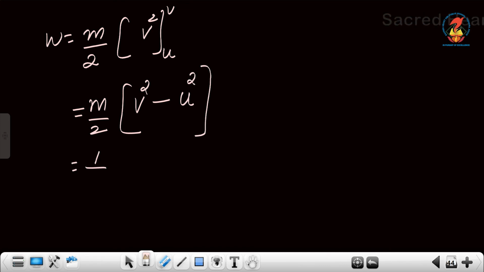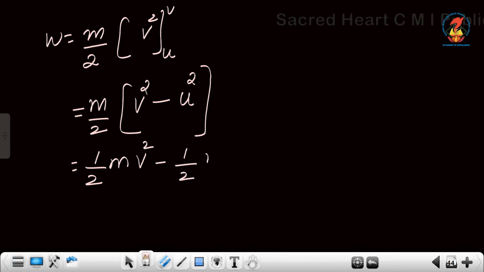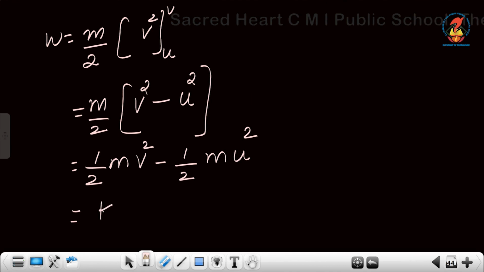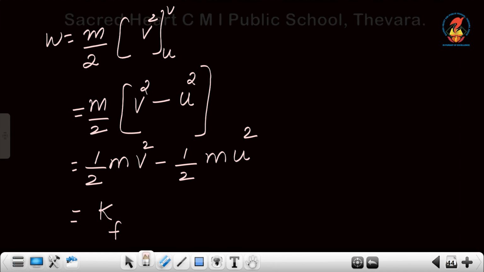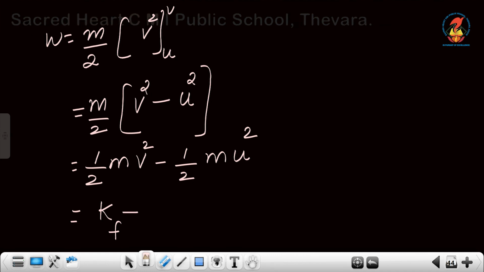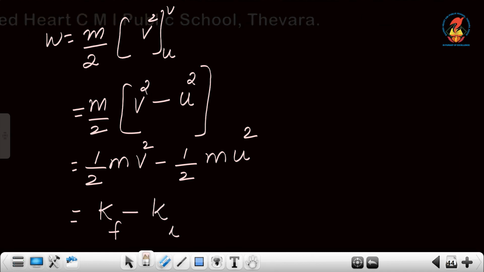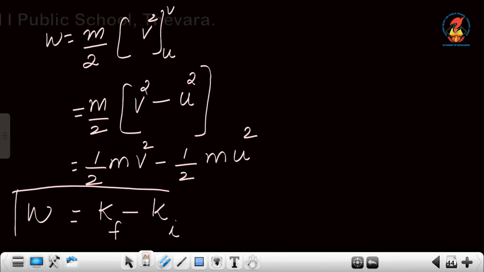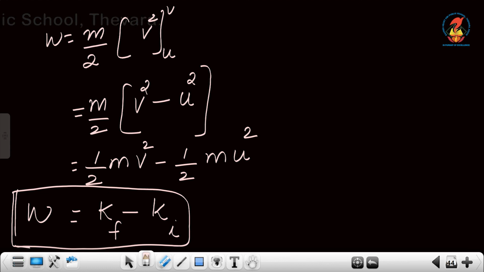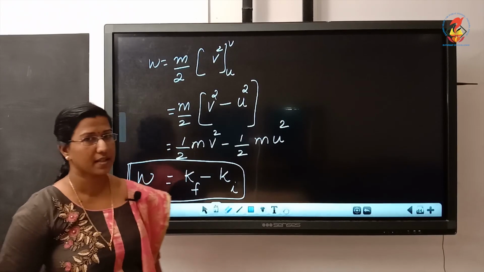So, this can be written as half m v square minus half m u square. This is equal to final kinetic energy, denoted by K suffix f, minus initial kinetic energy, K suffix i. So, work done is equal to what? Change in kinetic energy. Hence, the theorem is proved.